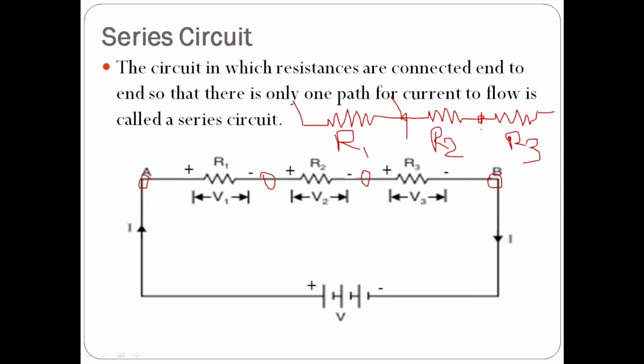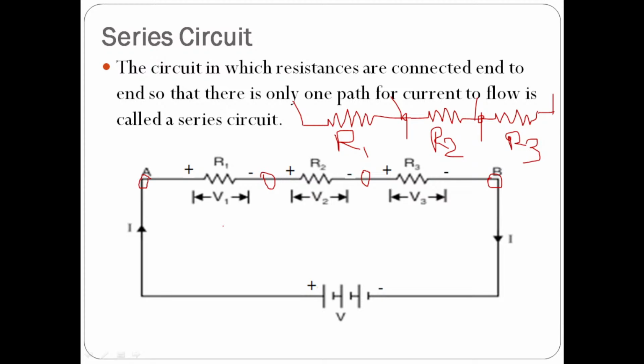This is the starting end of R3, this is the finishing end of R3. So if the finishing end of R1 is connected to the starting end of R2, then we can say R1 and R2 are connected in series. This is the finishing end of R2, this is the starting end of R3, so R2 and R3 are also connected in series.